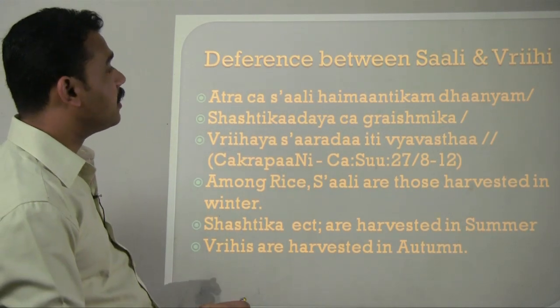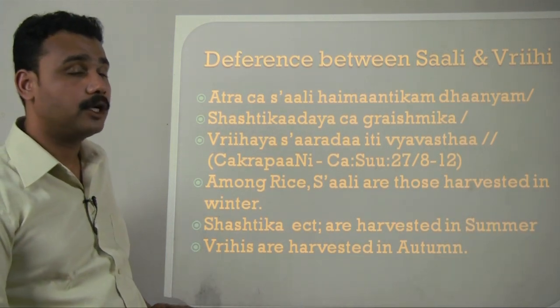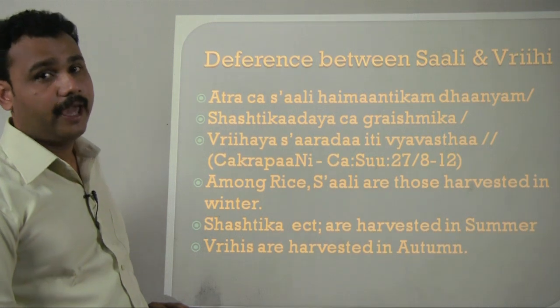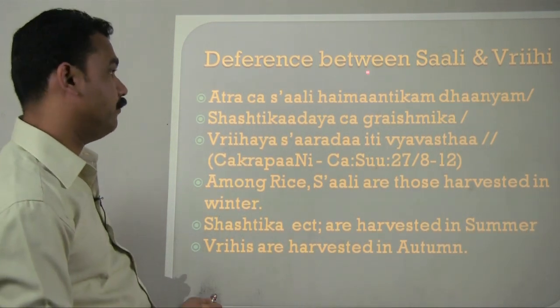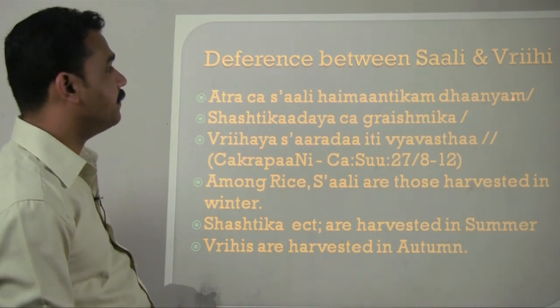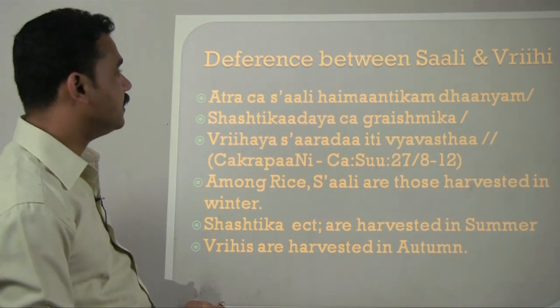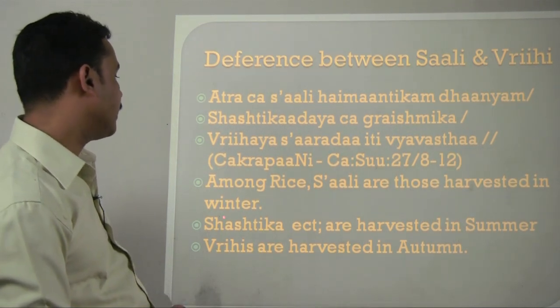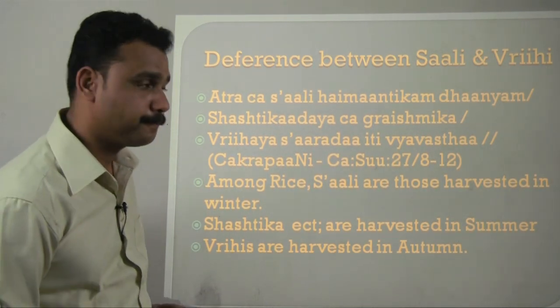Hemanta is a word which should already be familiar to you because you have seen Rutucharya. Hemanta is a Rutu, a season, which is the early winter. So the grain, the rice, which is harvested in Hemanta, in the early winter, is what is known as Shali.